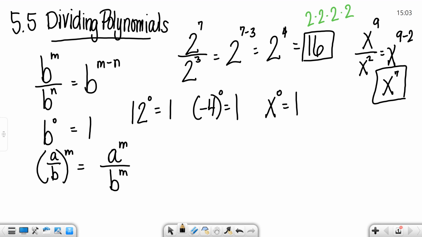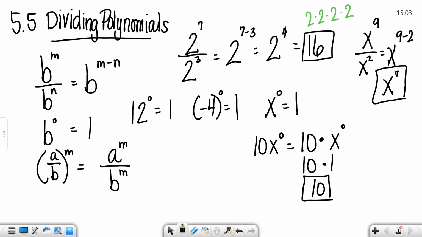Now here's a little trick for you. This one is not 1, because this says 10 times x to the 0. So 10 times 1 would be 10.